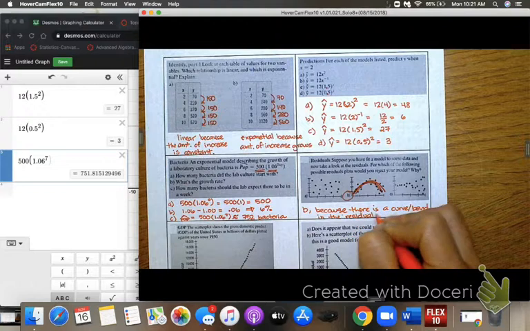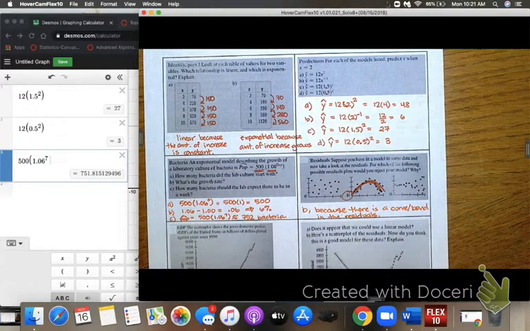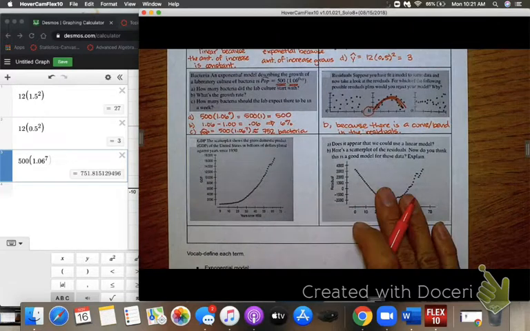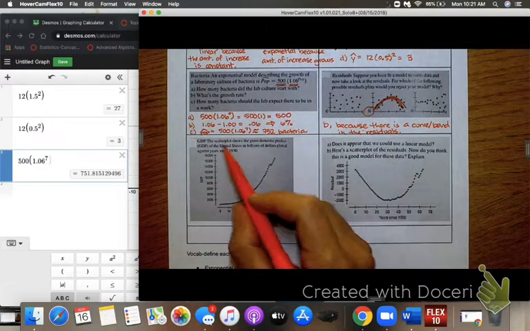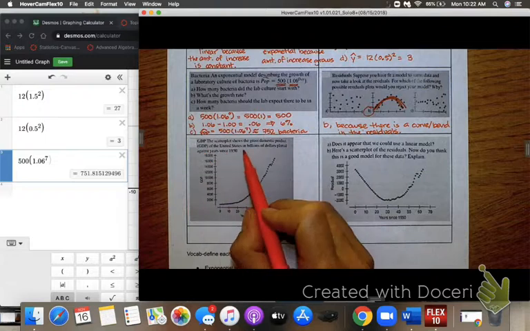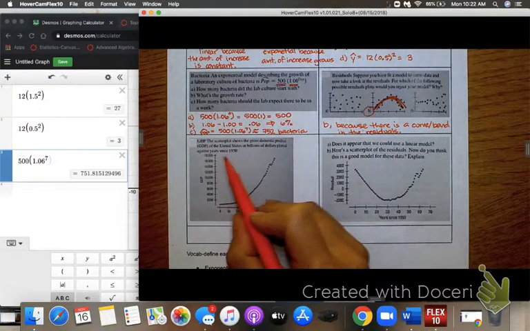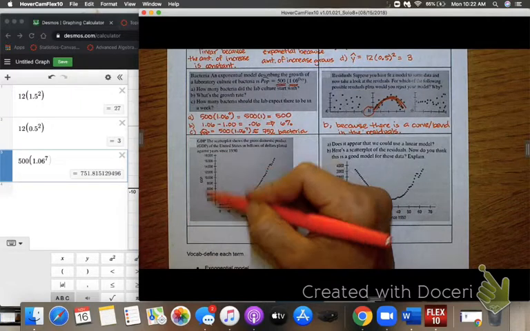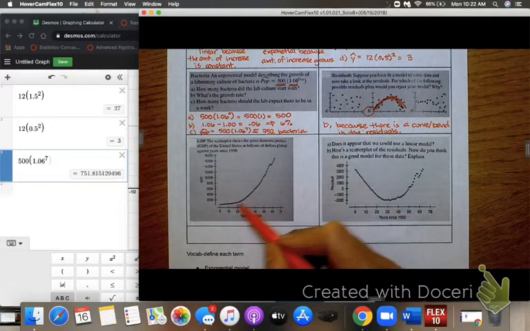All right, let's take a look at the last one, and these go together. This is GDP. The scatter plot shows the gross domestic product, GDP, for the United States in billions of dollars plotted against years since 1950. So here's our dollars, here's our years. The graph is going up over time.